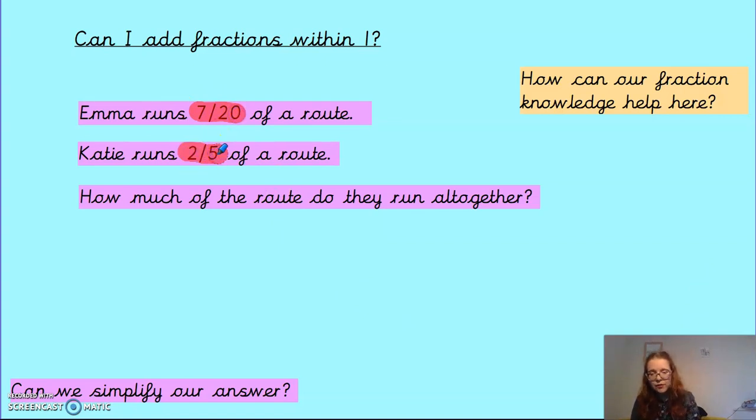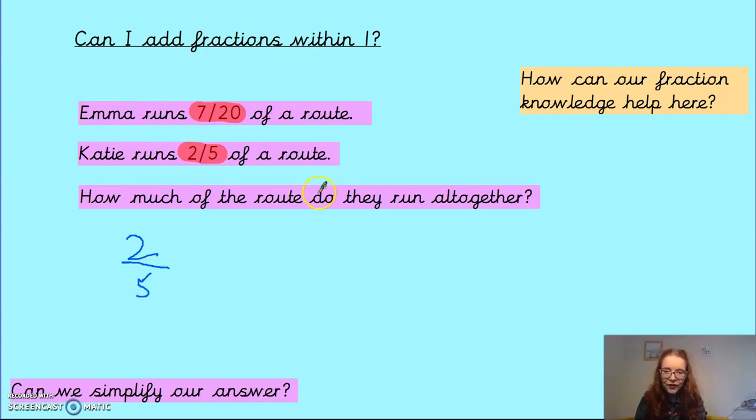Now, can we do that straight away? No, we cannot. We cannot do that because otherwise our denominators will not be the same and it will give us the complete wrong answer. So what do we need to do to 2/5 or 7/20?